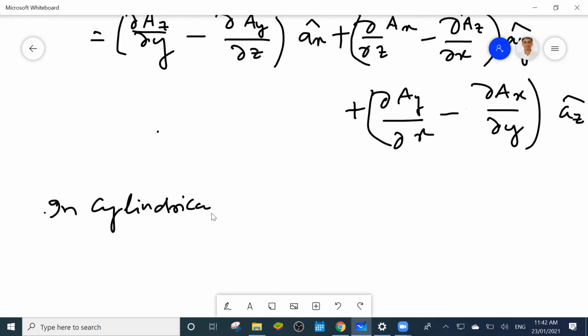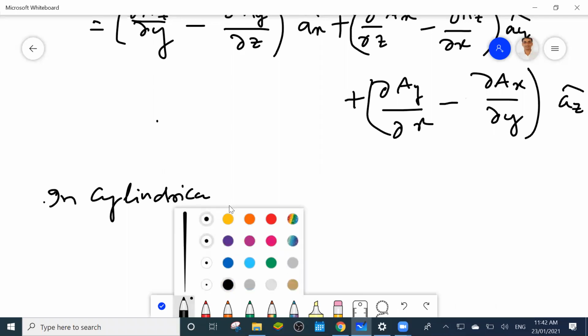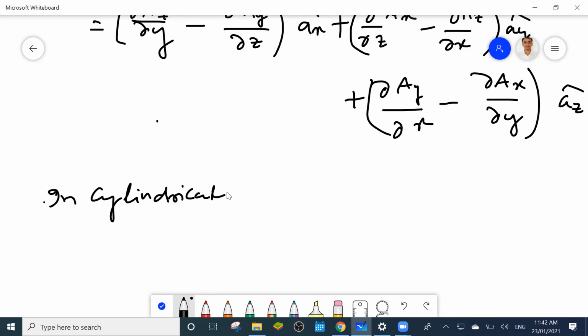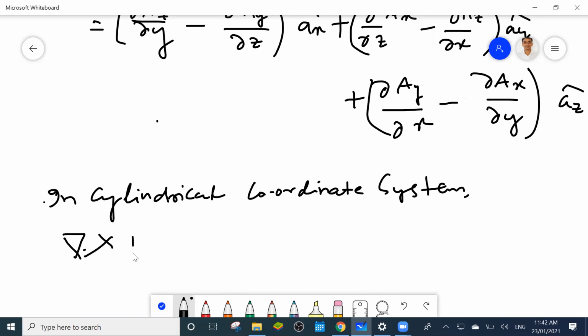So curl of this, what will H1, H2, H3 be? H1 is 1, H2 is r, H3 is 1.